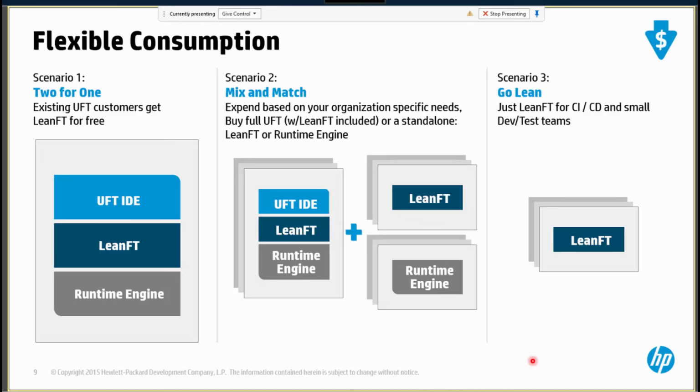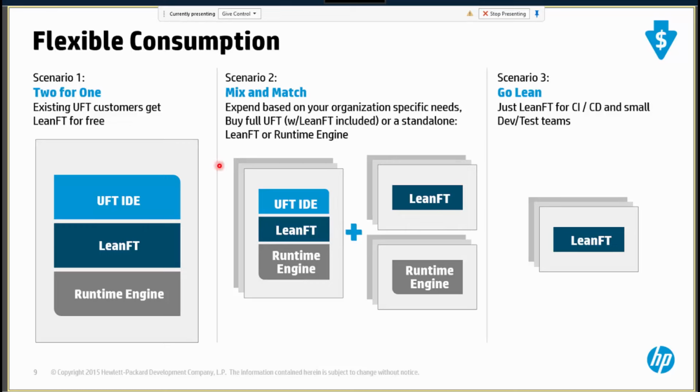If you had a concurrent license model for 10 users, then technically you could run 5 UFT licenses and 5 LeanFT licenses at the same time, or some permutation of those. So we are including LeanFT with the UFT 12.5 stack. That's a pretty big win for the UFT customer base.